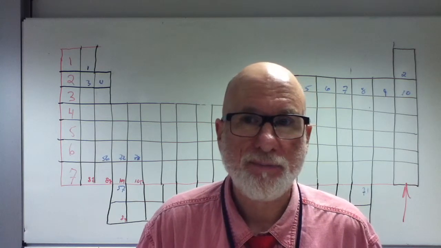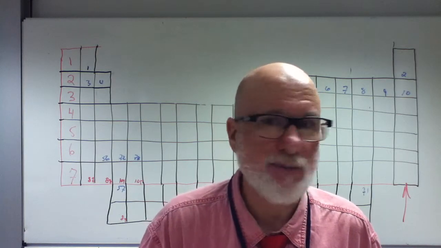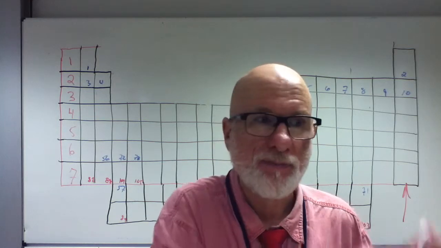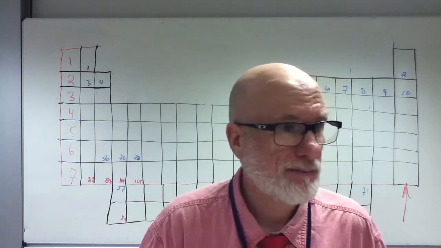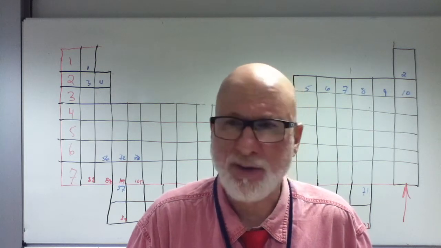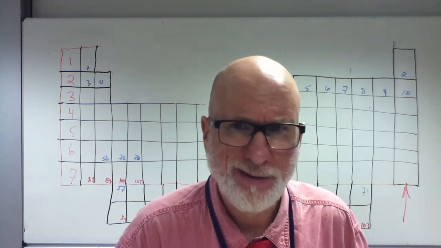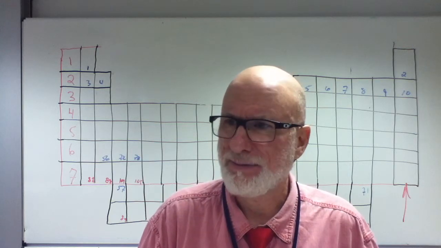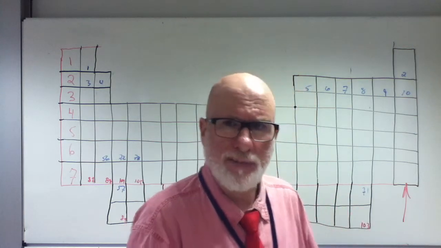Nothing. It's mostly nothing. Does an electron have a mass? Not really. Well, it has a mass, but it's like 1 over 1,840.